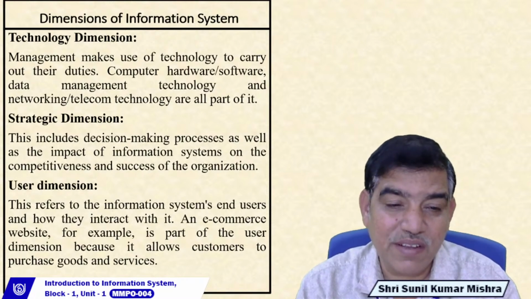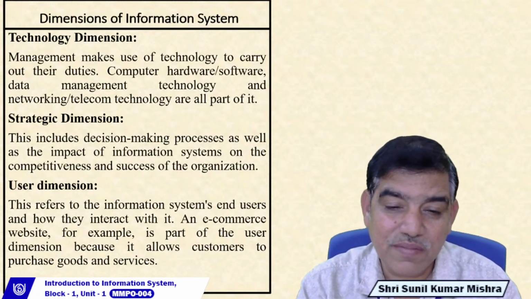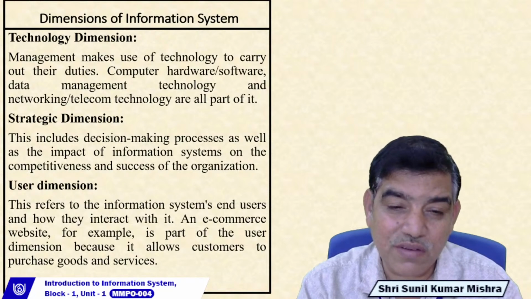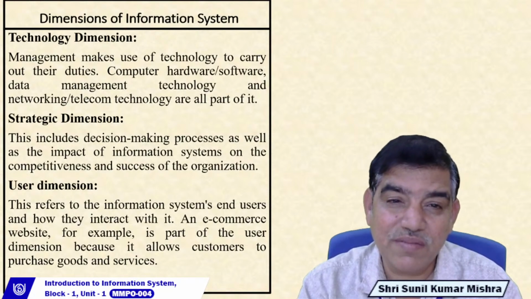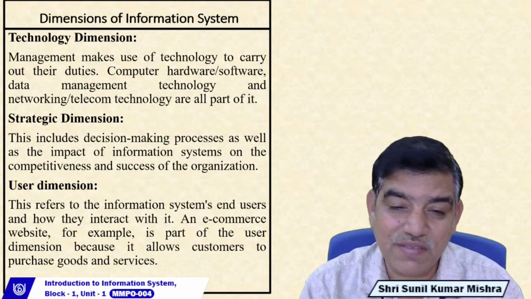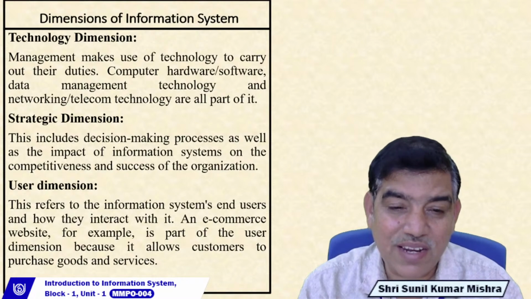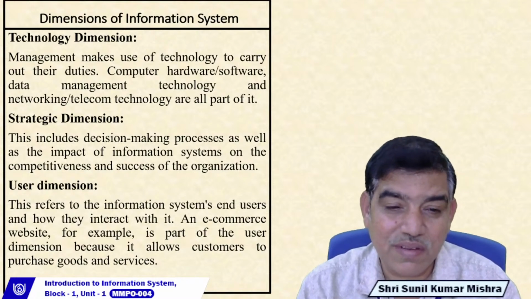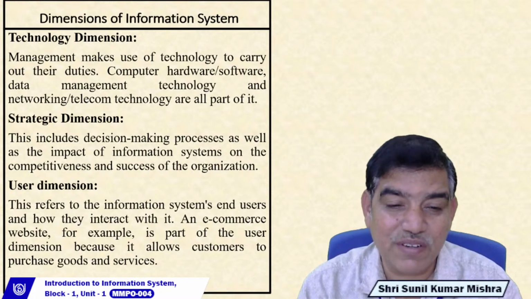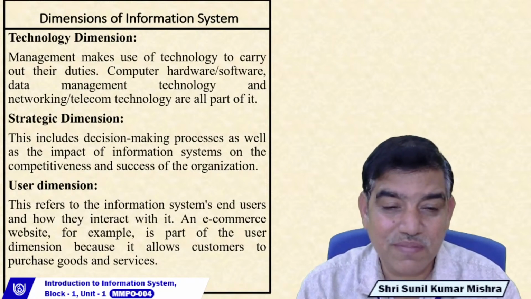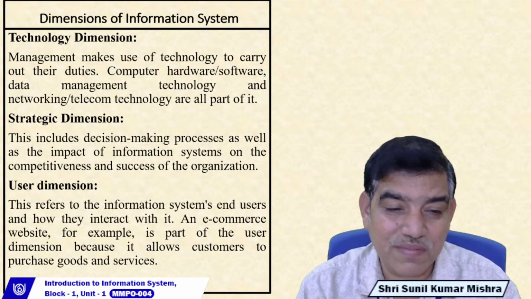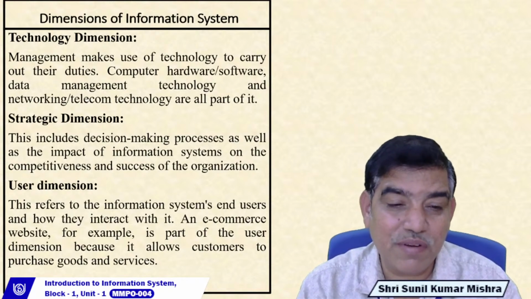Again, I will explain information system. System is the integrated system of different components: hardware, software, user, data, database, procedures, which generate information for the required people of an organization, as and when they need information from the information system.